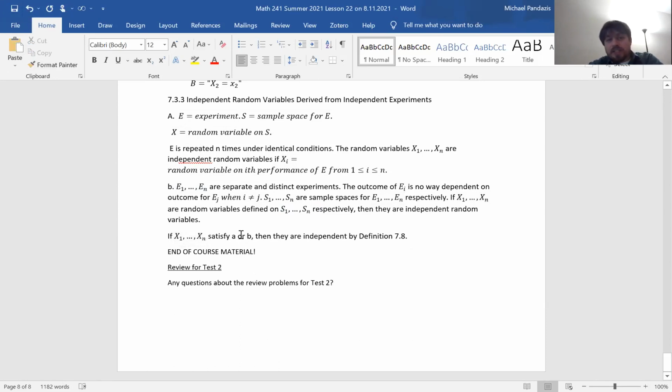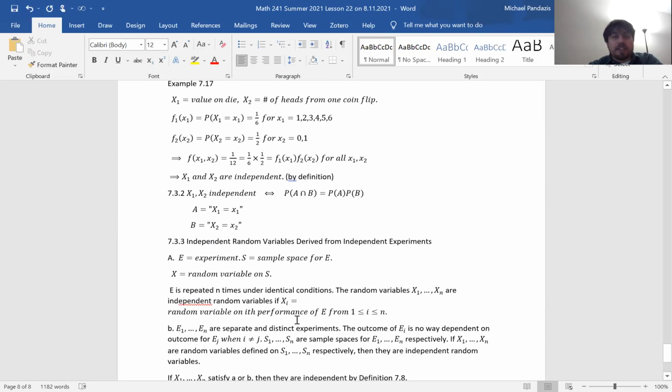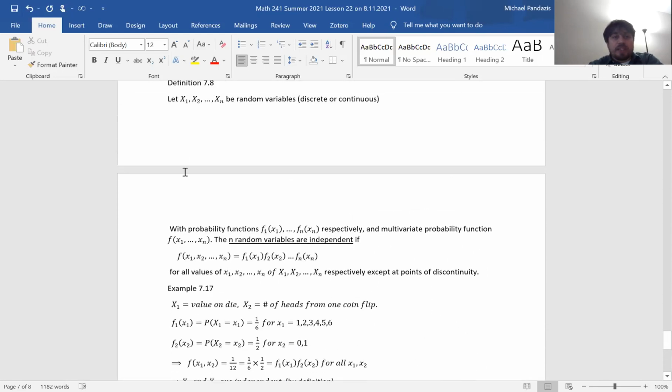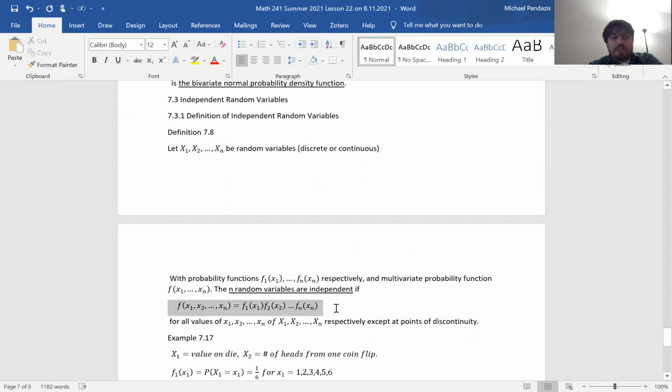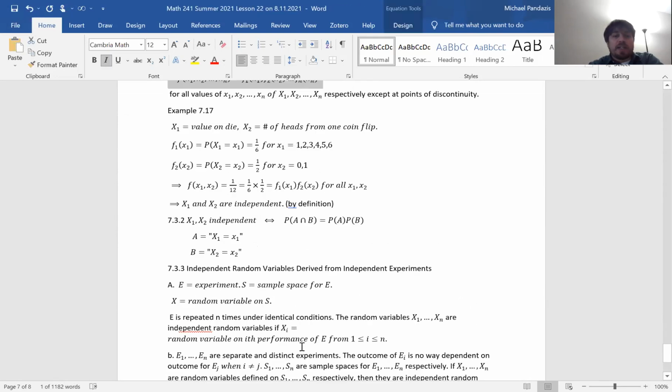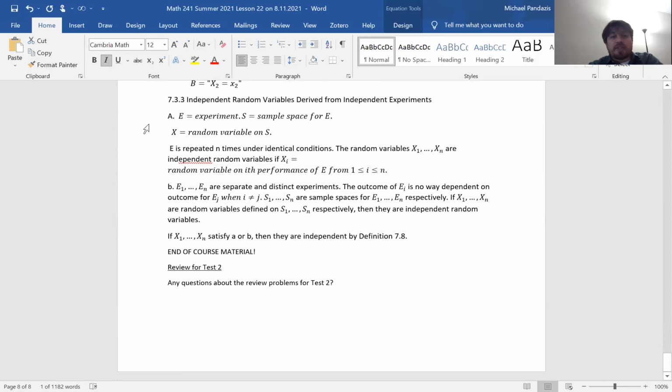So if X1 to Xn satisfy A or B, they're independent by definition 7.8. Definition 7.8 is this definition. That's what I was saying. You have this equality, you have this equal sign. Okay, so if either of these two things happens in A or B, either you repeat an experiment n times, or you just have n experiments that are completely distinct and separate, in either of those cases, it should be obvious that you get n independent random variables.